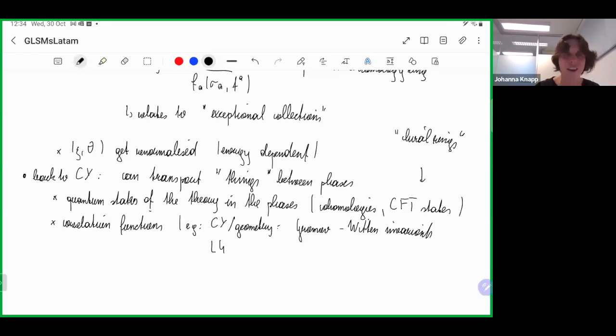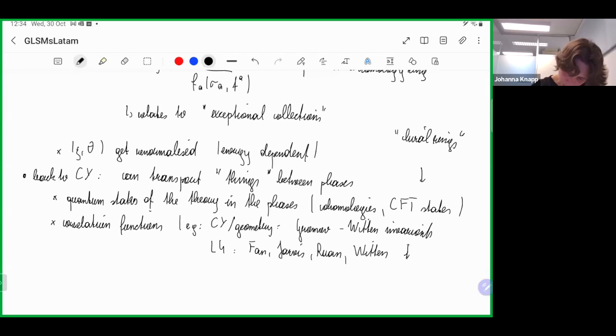you also have something similar in Landau-Ginzburg models. You can also compute correlation functions there. And then the correlation functions would be called FJRW invariants of Fan, Jarvis, Ruan, who actually worked that out based on, of course, work by Witten.